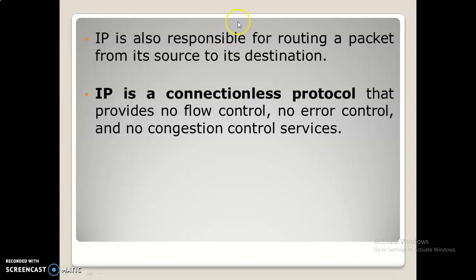IP is also responsible for routing a packet from source to destination. The best example of a network layer device is the router. The main purpose of the network layer is to route the packet from source to destination. IP is a connectionless protocol that provides no flow control, no error control, and no congestion control service.